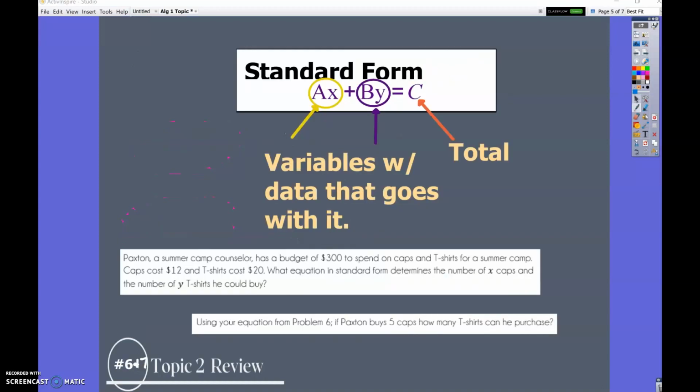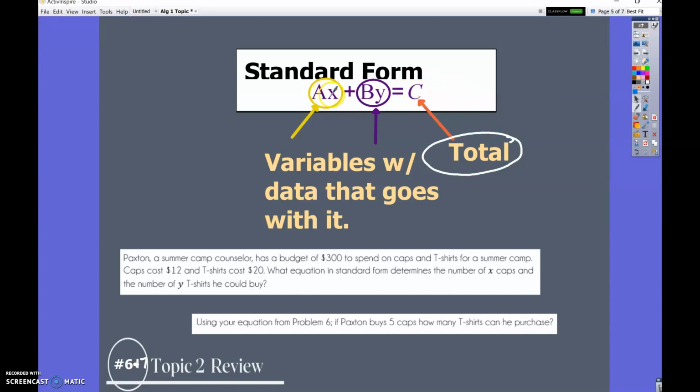For numbers 6 and 7, they give you a story problem, and they talk about total amount of something you can spend or that you need, and they have 2 separate items. When this is the case, your best choice to make an equation is in standard form. Remember, think about what your total is and keep that on the end of your equal sign.